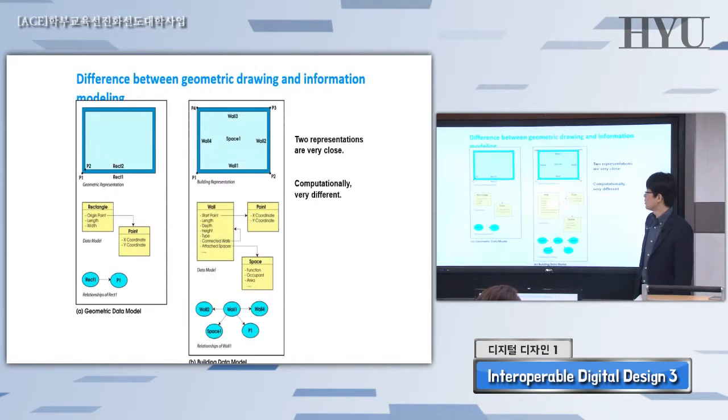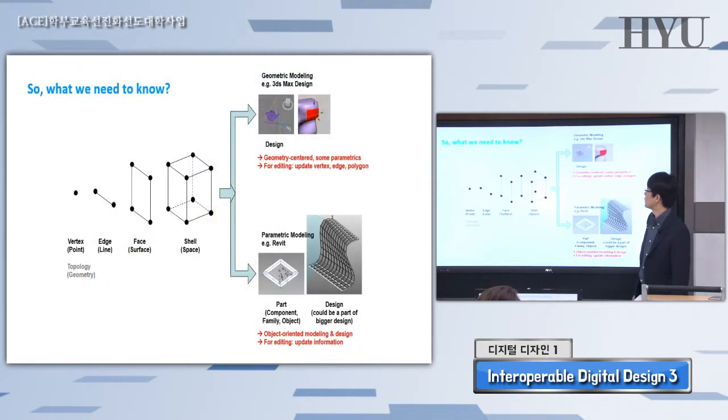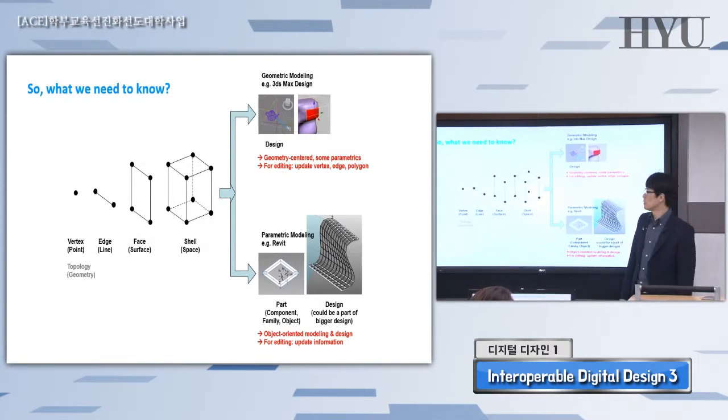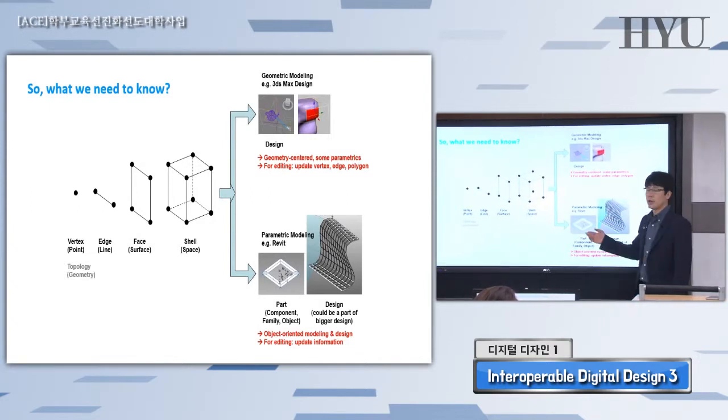So this is the diagram to compare the difference between a geometric model and a building information model. Simply, now you can easily recognize those two different branches, okay? The first one is editable poly or some geometric utilities in 3ds Max, Rhino, SketchUp, and so on.